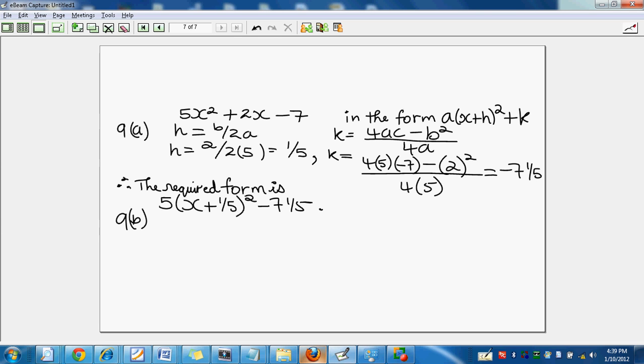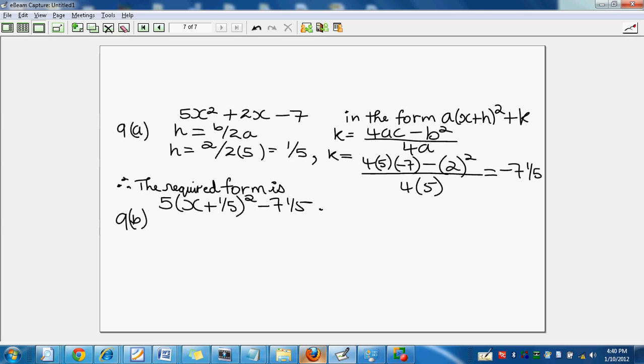The first thing they want us to determine was the minimum value of the function. So part 1 said, hence or otherwise determine the minimum value of the function y equal to 5x squared plus 2x minus 7. So that was part 1 of 9B.